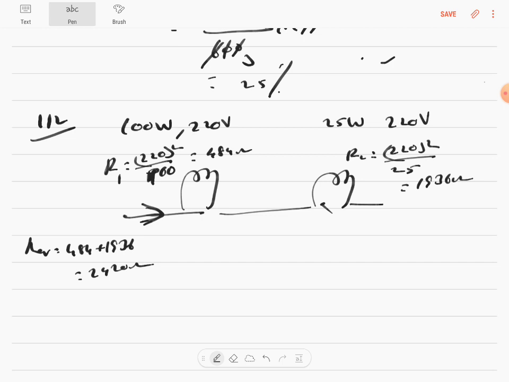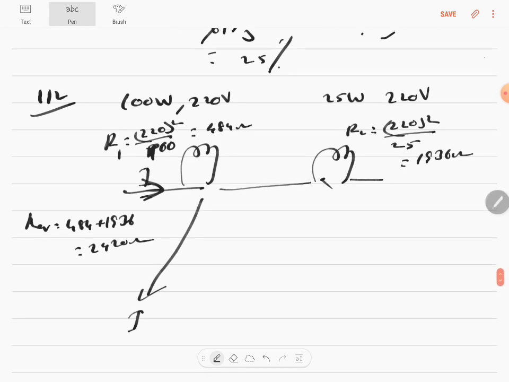Actual power consumed is nothing but equal to brightness. Okay, so you know that the brightness is based on power consumed, for which I is a constant. So for power consumed, I'll use I square R, I square R1 and I square R2. That will give me my power consumed or brightness, correct?